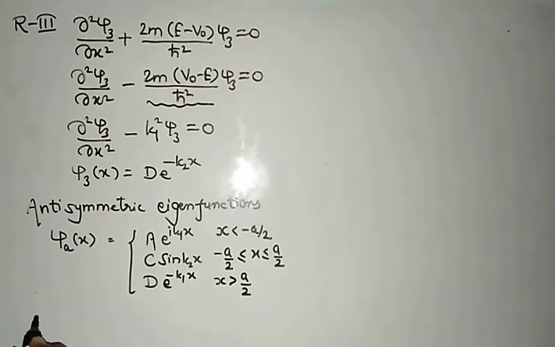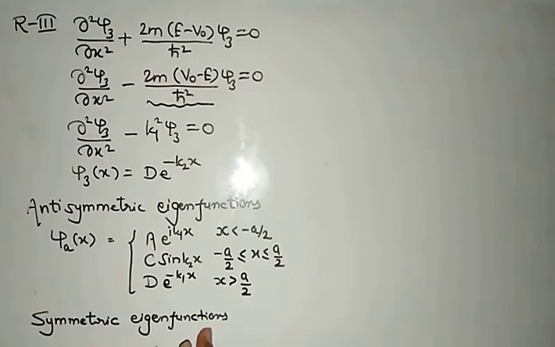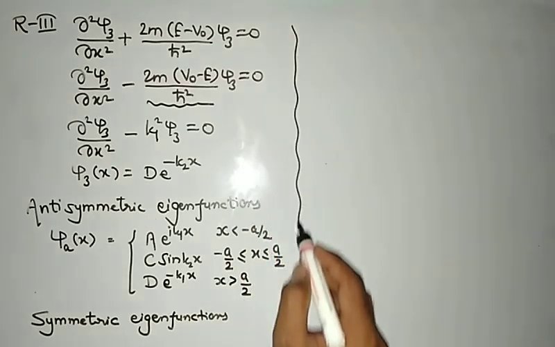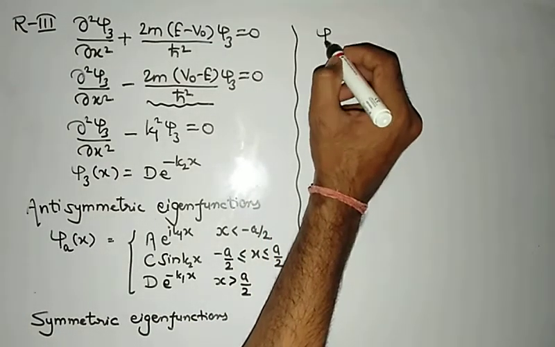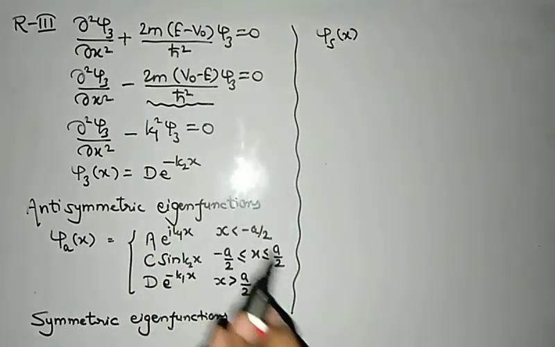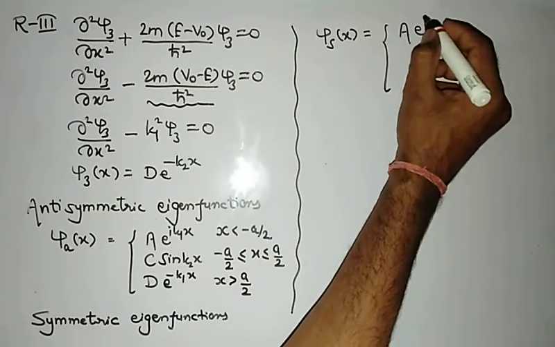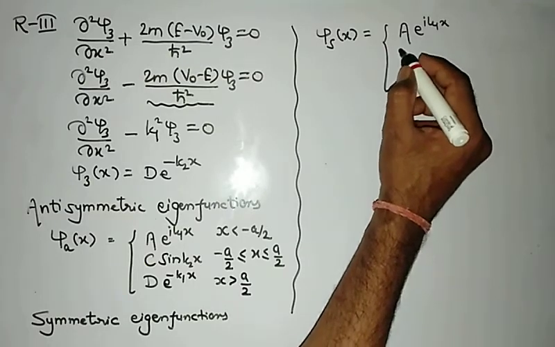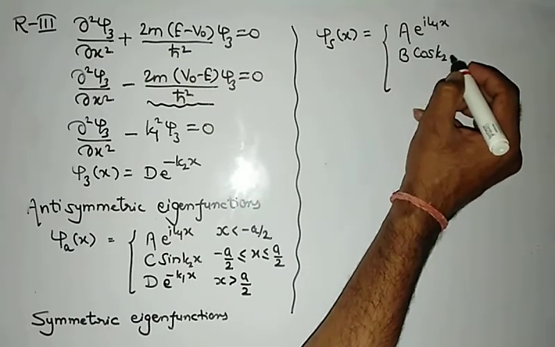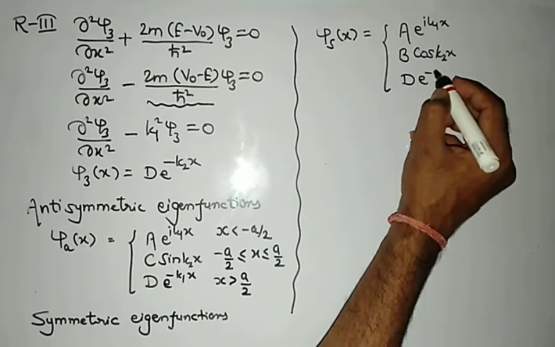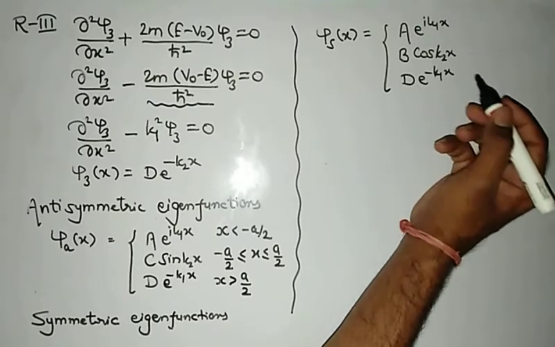Also the symmetric eigenfunctions. Symmetric eigenfunctions we will write as psi sx is equal to a e to the power k1x, b cos k2x, d e to the power minus k1x.